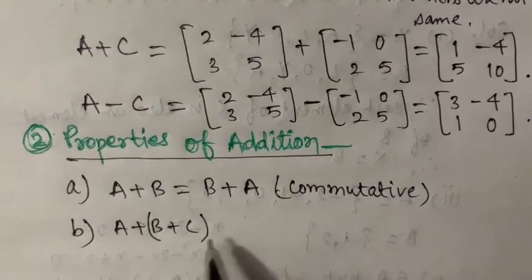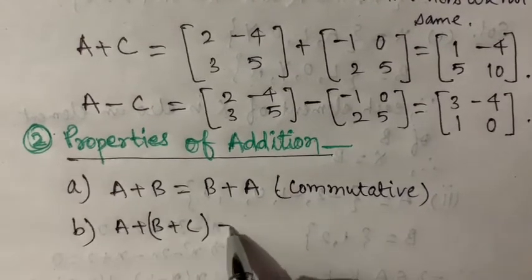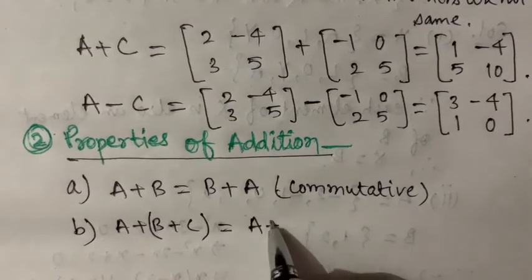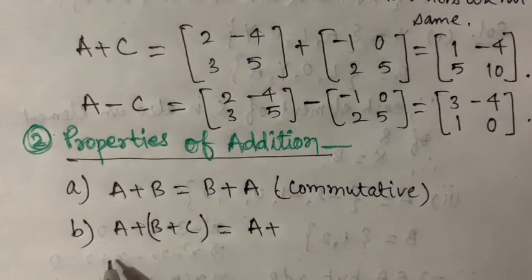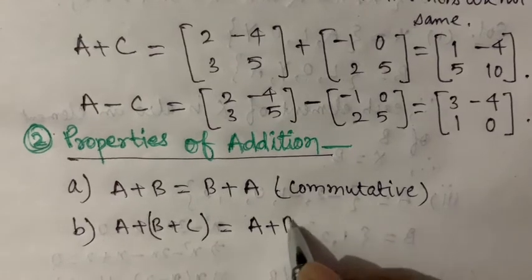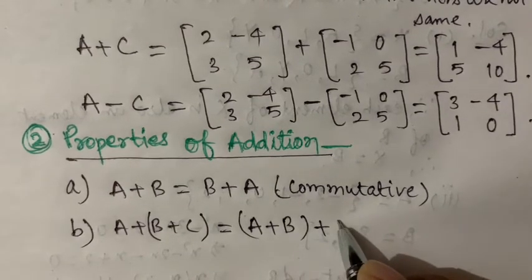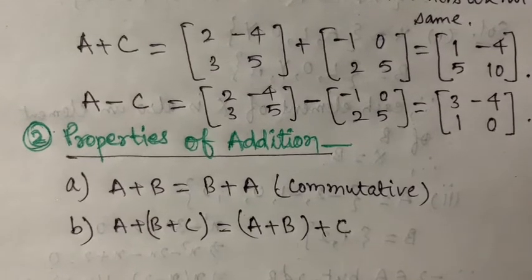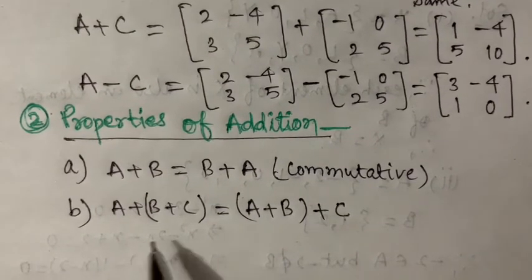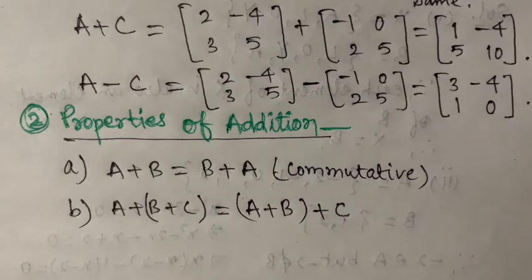Then we have A plus B plus C. In this we suppose B and C are added at first, then the result is added with A. And in the right hand side we first get the sum of A and B, then the outcome is added with C. Will the result be same? Yes, obviously, because numbers can be added in any order, there is no problem.